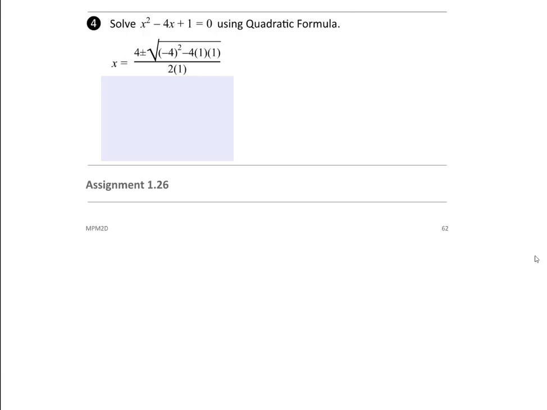Now we have x equals our negative b, which is positive 4 because b is negative 4, plus minus square root of b squared, which is negative 4 squared, minus 4ac. So it's minus 4 times a, which is 1, times c, which is 1, all over 2a, which is 2 times 1, because a is 1.